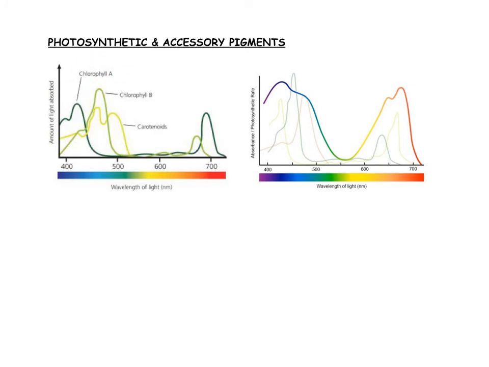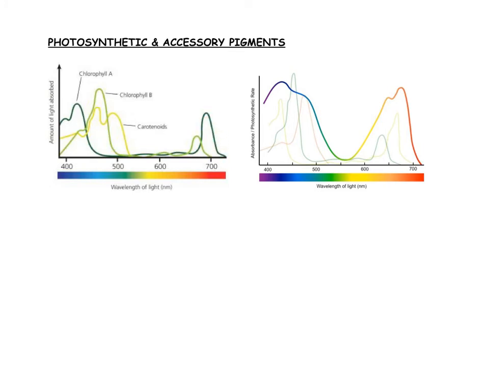And I can see that chlorophyll A's absorption spectrum, and that's what this graph on the left is, it's an absorption spectrum. It seems that chlorophyll A absorbs light best at these earlier wavelengths between 400 and maybe 450. And then it also seems to absorb best at longer wavelengths.